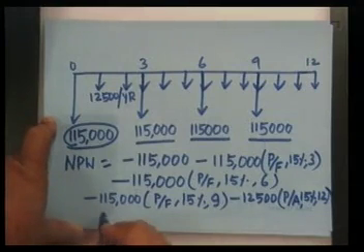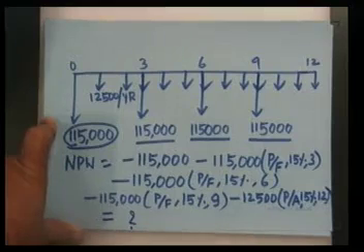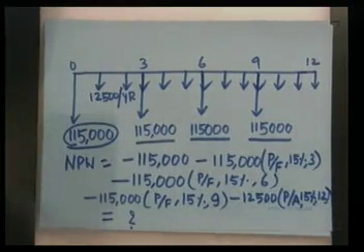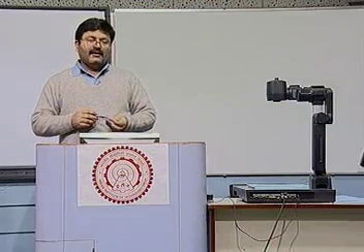So, whatever value you get, you can find it out and then compare the two net present worth, one corresponding to asset 2 and other corresponding to asset 1. And now, you can tell me which asset you are going to select.